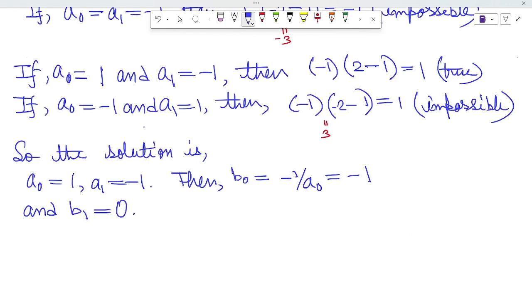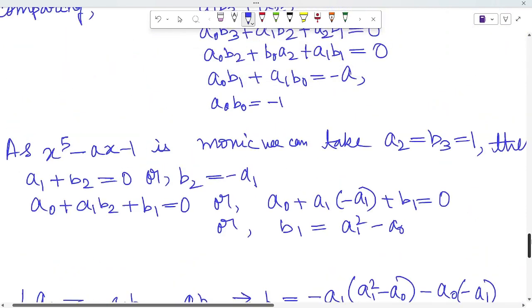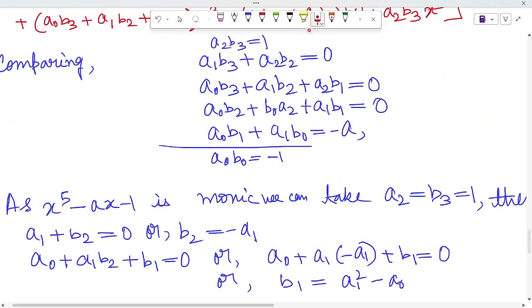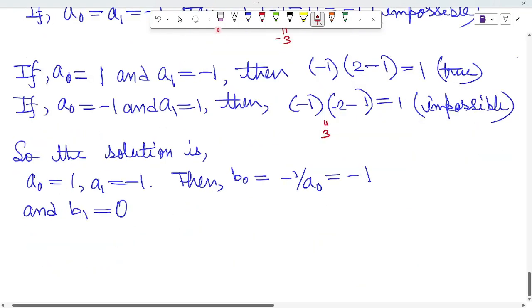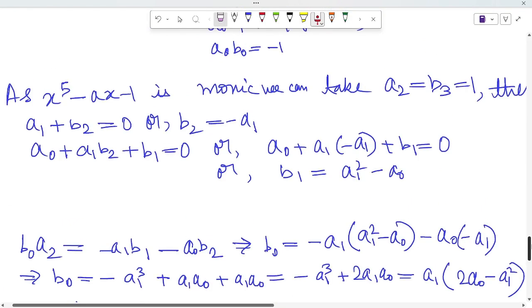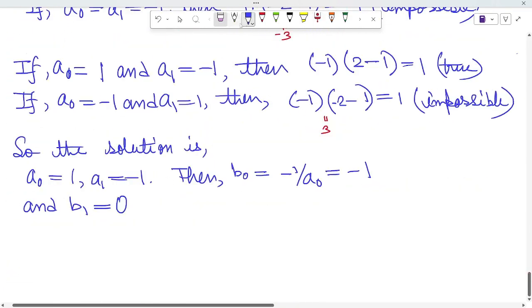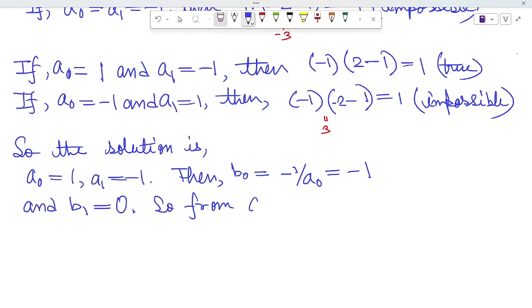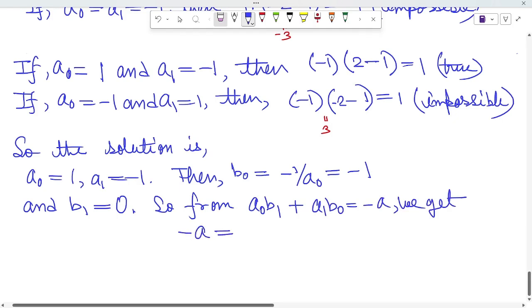B1 is 0. Now lastly, my formality is to use this equation: A0 B1 plus A1 B0 equals minus A. Putting in all the values, we get minus A equal to A0 B1 plus A1 B0.